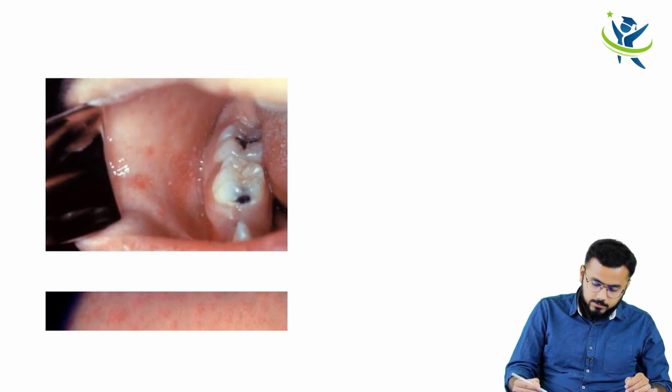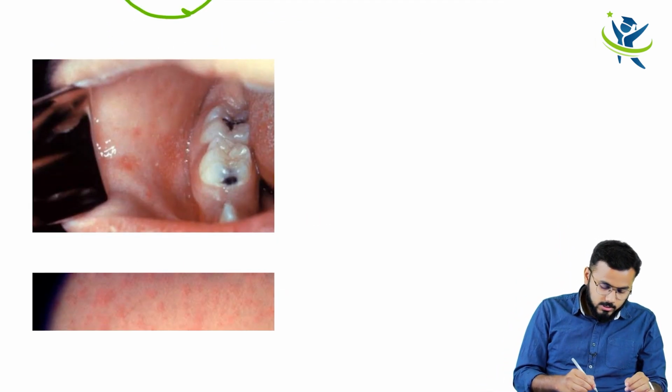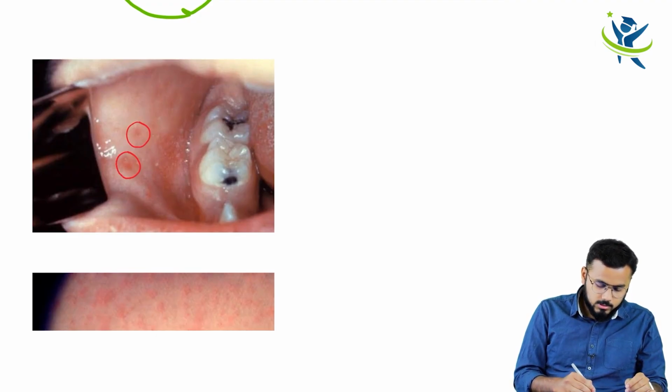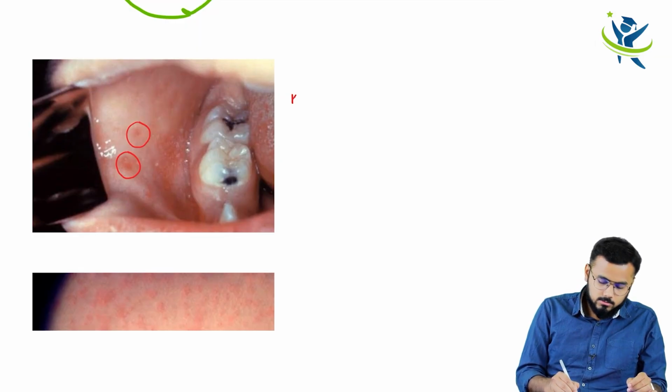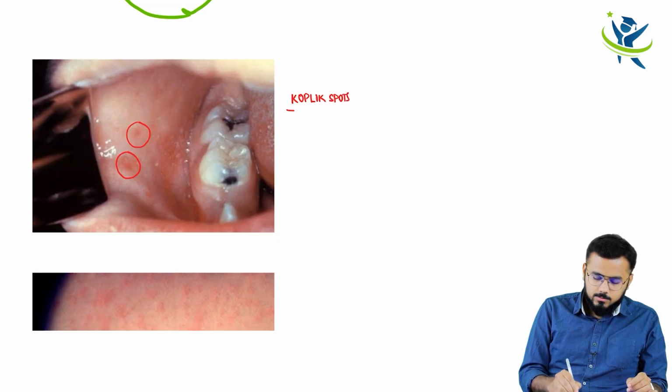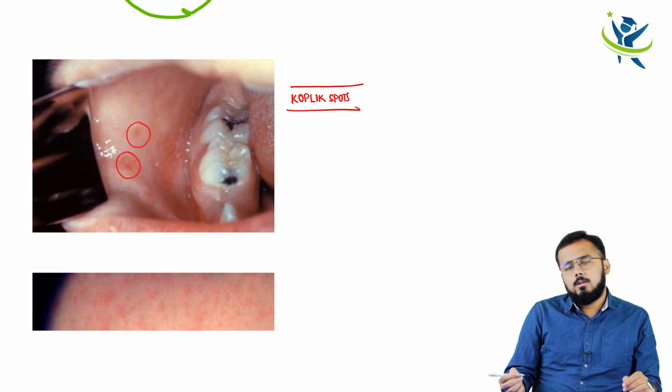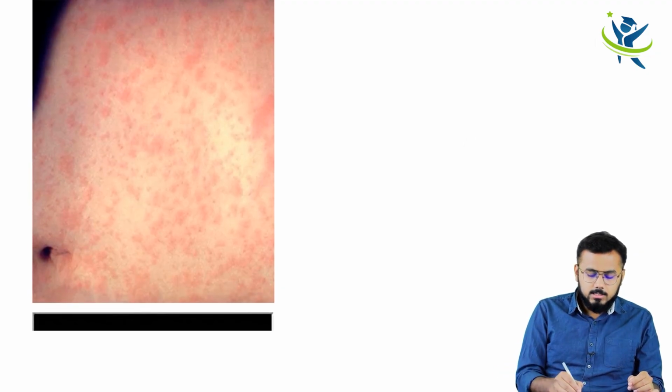This is the first picture which I would like to show you. You see in the mouth, you see these red color spots over here, right? So these spots are called Koplik spots. Koplik spots are characteristic for measles. The second important thing, this particular rash which you can see here, is called a maculopapular rash, right?